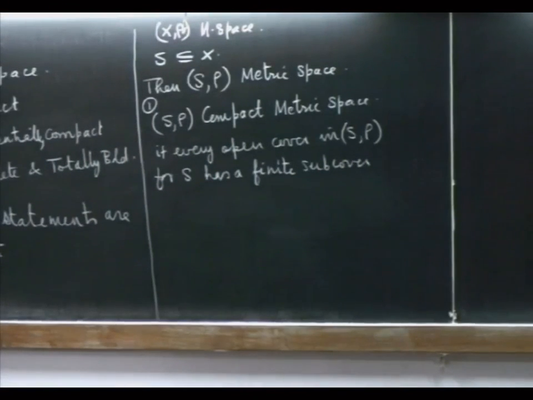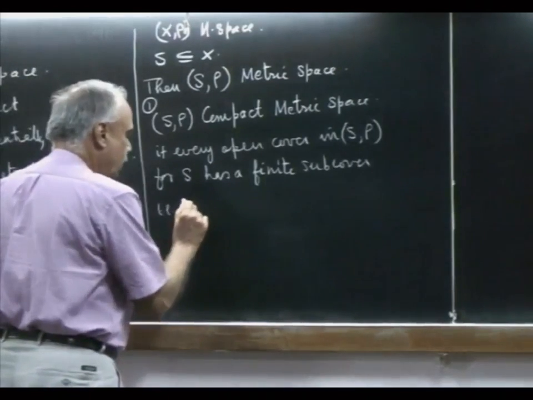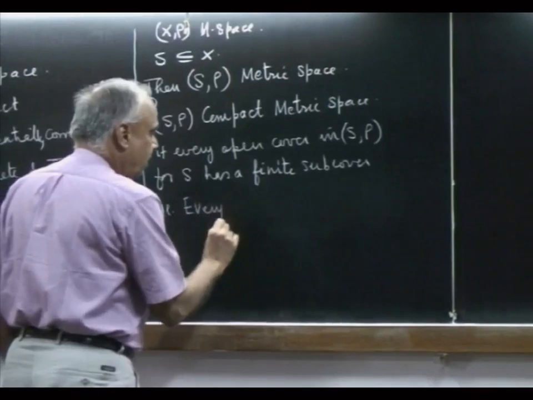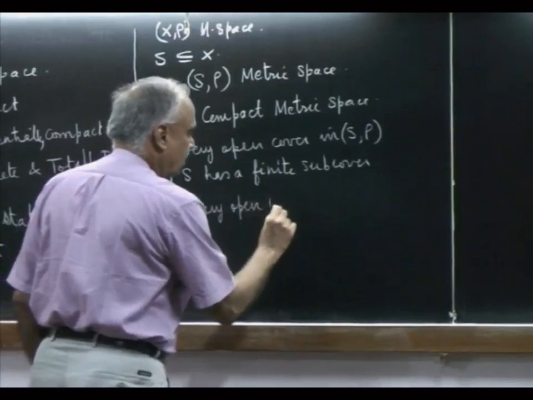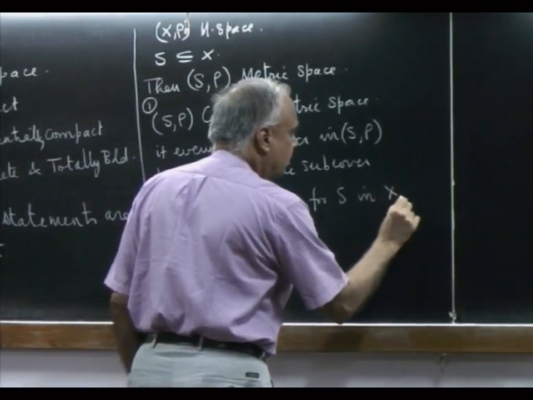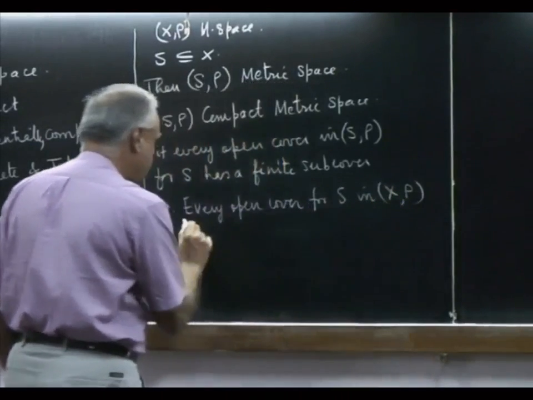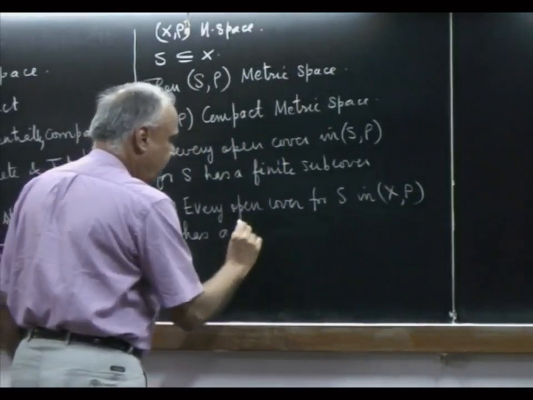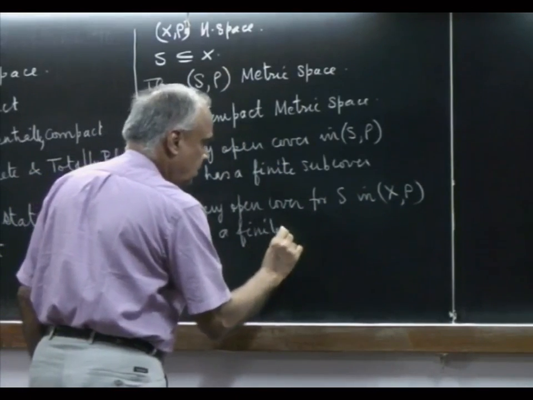Every open cover within this universe must have a finite subcover, but any open set in the universe is the intersection of the set with the open set in the bigger universe. So this can be the same thing as, that is, every open cover for S in (X, rho) has a finite subcover.